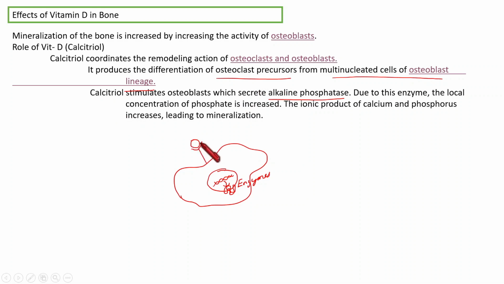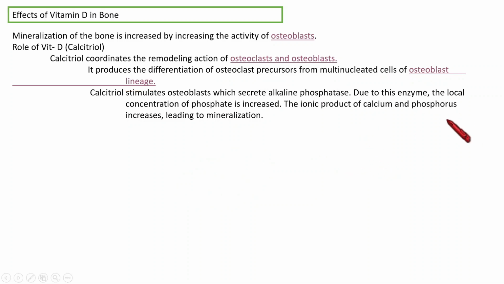In response to this calcitriol, this enzyme is formed, and what this phosphatase enzyme is always doing is removing phosphate groups from some proteins. In that way, it can increase the amount of phosphorus ions near the bone, and as the amount of phosphorus ions increases, it may lead to the mineralization of the bone.